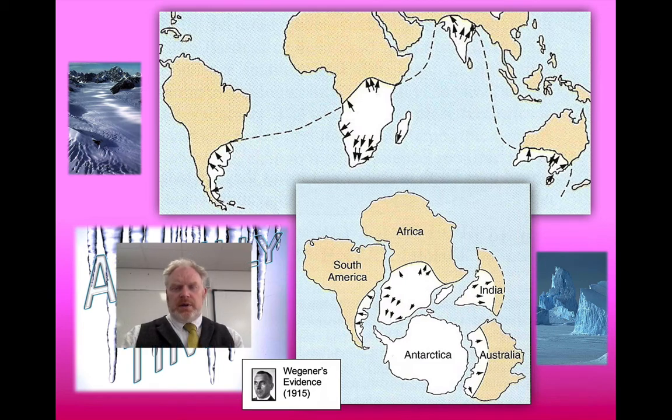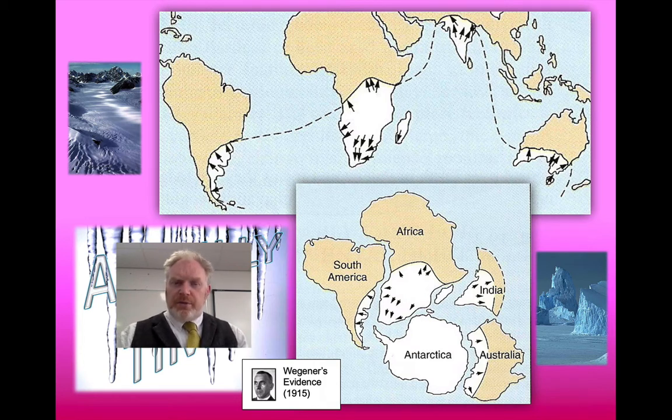Finally, at the end of the Carboniferous period, so this is about 300 million years ago, just as Pangaea had come together, there was a global cooling of the climate. We saw a very big, very intensive glaciation. Now, glaciers deposit very distinctive sedimentary rocks.